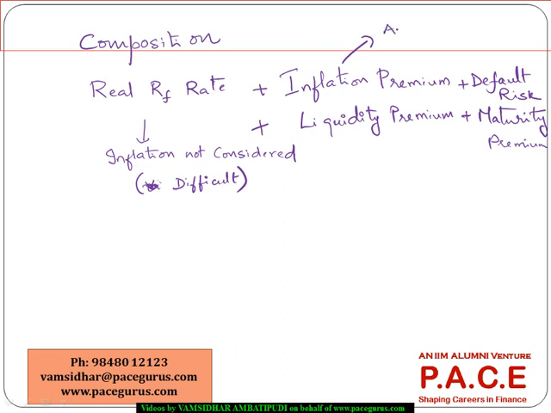But the major thing is, now when I am bringing in the inflation premium, whatever is the average inflation that is going to occur during or over the maturity of the debt.